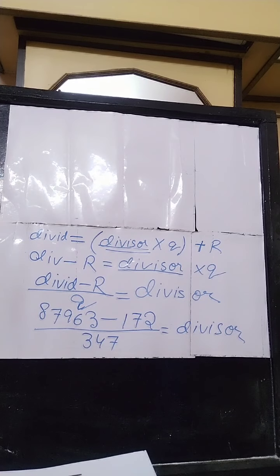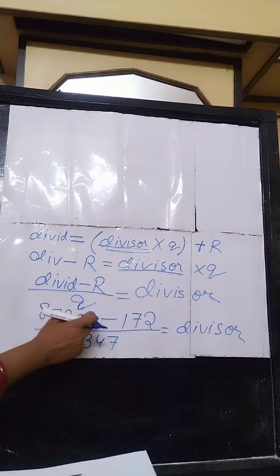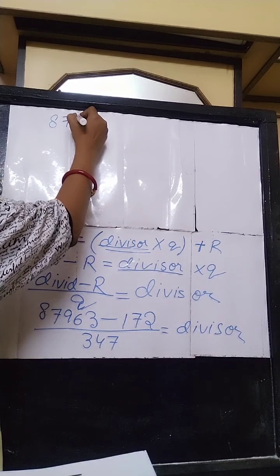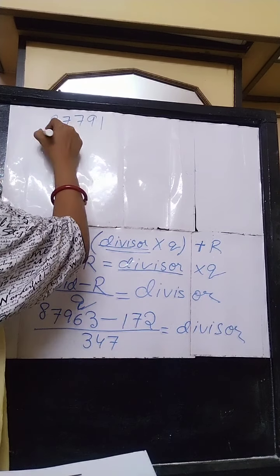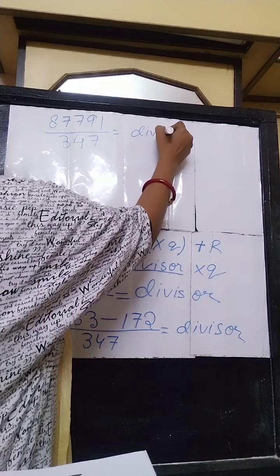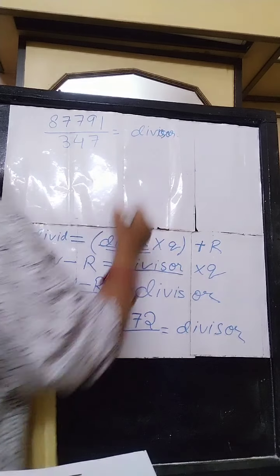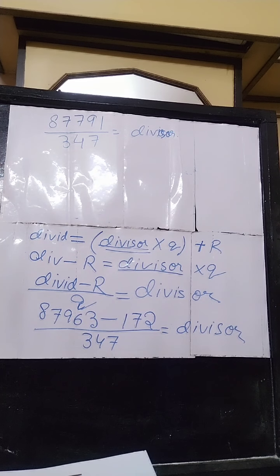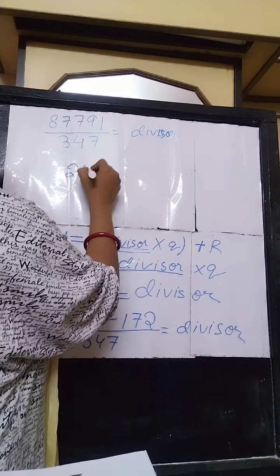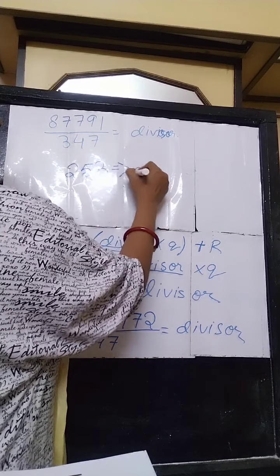First you have to do the minus and then you have to do the division. First 87963 minus 172 gives you 87791. 87791 divided by 347 gives you the divisor. You do this division or you can do cancellation. Whatever you do, you will find the divisor as 253.